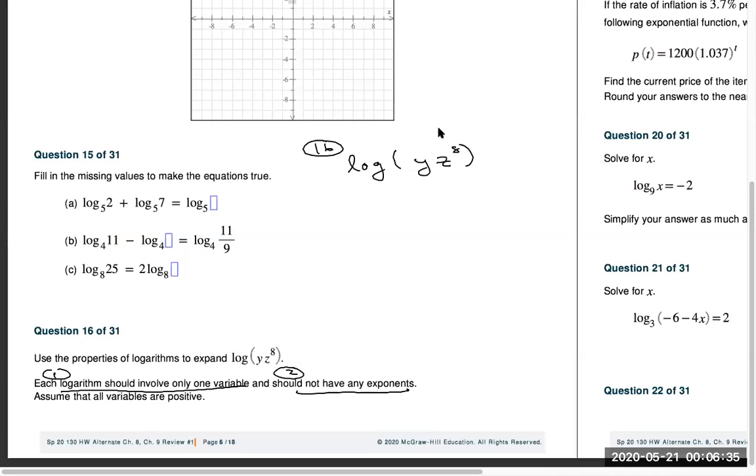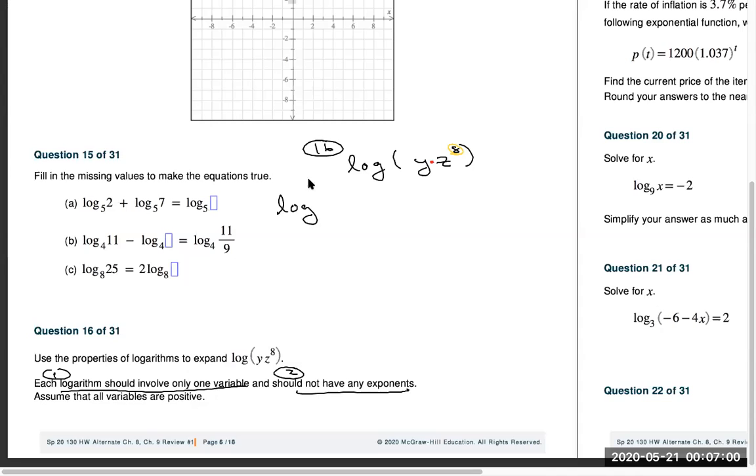Think about what's between in terms of operation inside the argument of this one log. We have a y times a z to the 8th, so times, and then we have this little 8th power up here. Okay, that should help you to realize.